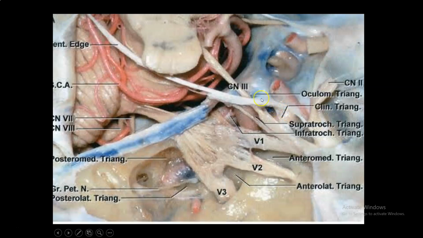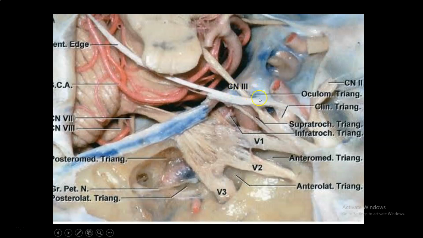And the other one, of course, you all know about it, the oculomotor triangle, is between the posterior petroclinoid ligament, between the petrous bone and the posterior clinoid, the anterior petroclinoid ligament, between the petrous apex and the anterior clinoid, and the interclinoid ligament between the two clinoids.